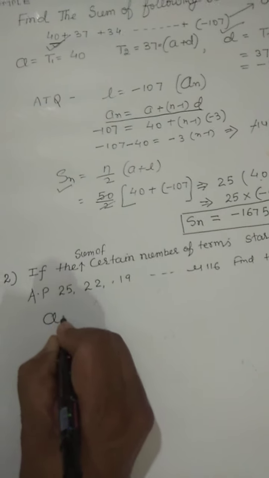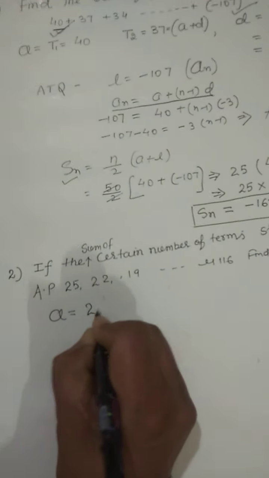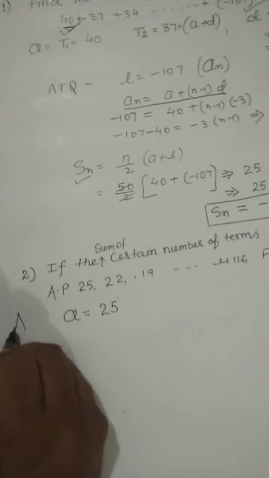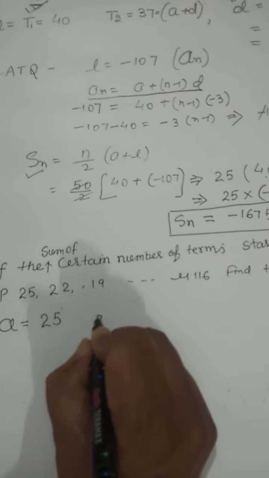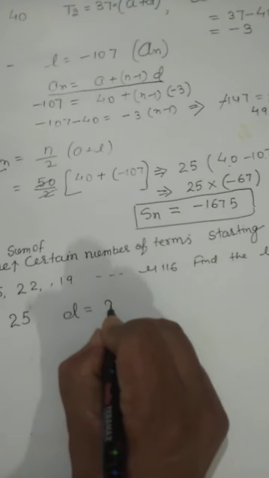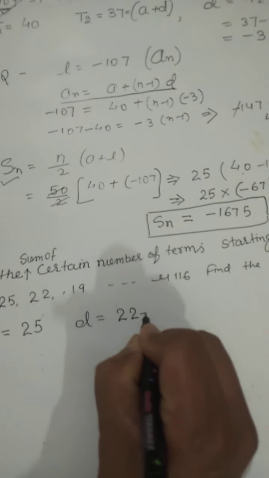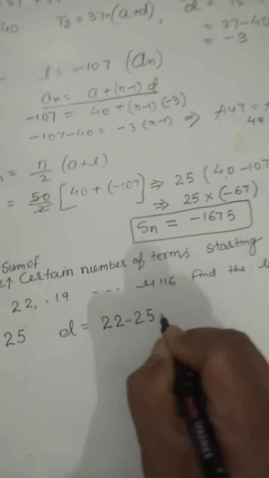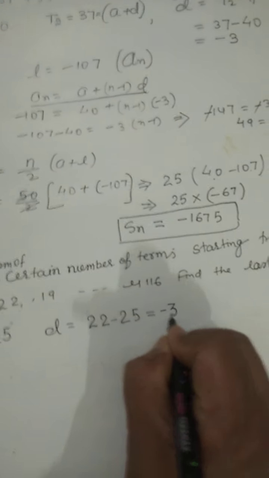A is 25. I will not repeat that. Then D is equal to, directly I am going to write because the first question is over, 22 minus 25, that is minus 3.